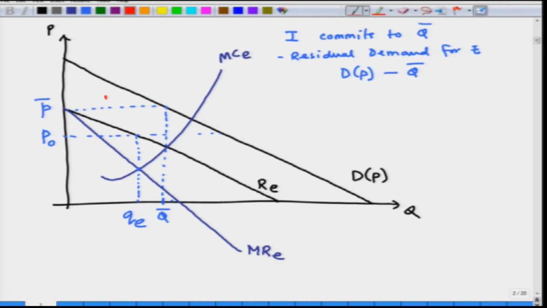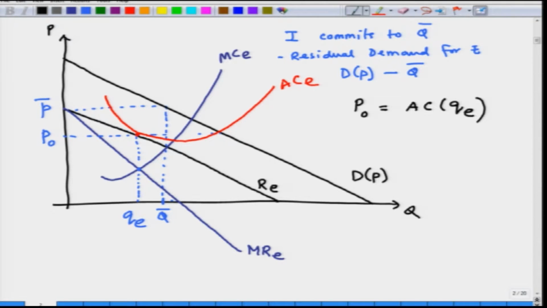So, the entrant's average cost, let us say, is something like this. So, this is the entrant's average cost curve. At this output, the P naught that turns out is equal to the average cost that the entrant incurs of producing QE units. So, the price that eventually arises in this market is barely covering the entrant's average cost.